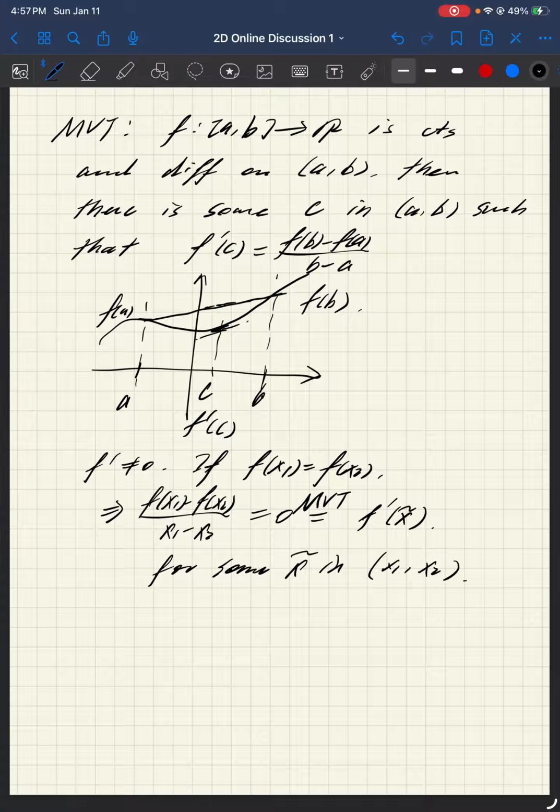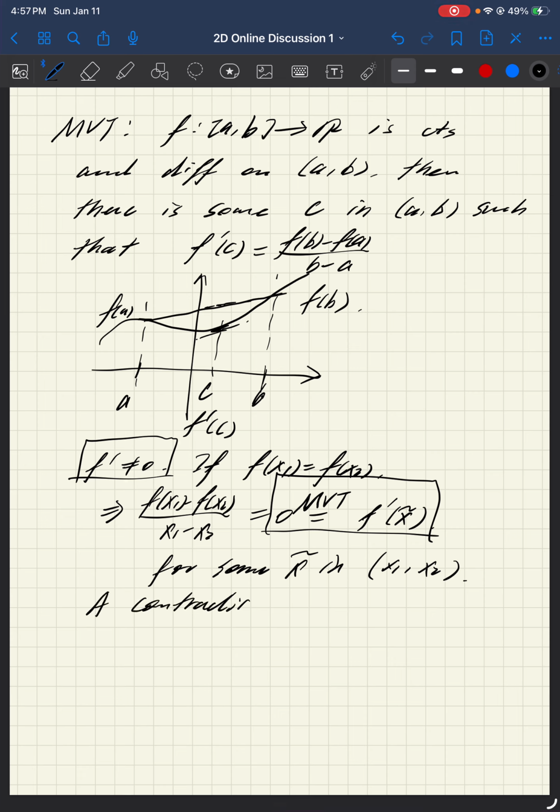But then this contradicts the fact that I can't have f prime equal to 0. This is a contradiction. And so therefore, f must be injective.